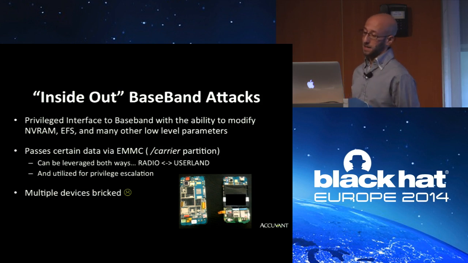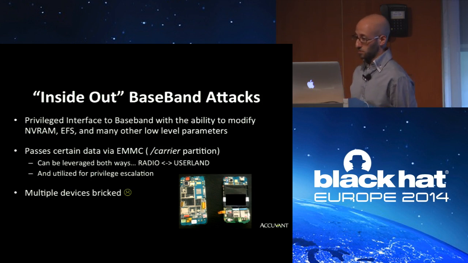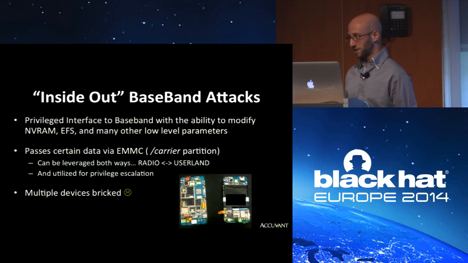Some of them pass data via the eMMC itself, so say the carrier partition or persist. This can be leveraged both ways. So radio can write to it, or userland can write to it, and can be used for privilege escalation from, say, radio to userland.